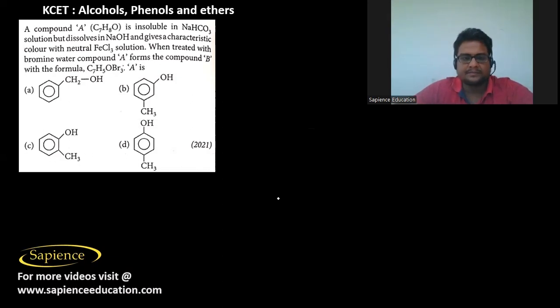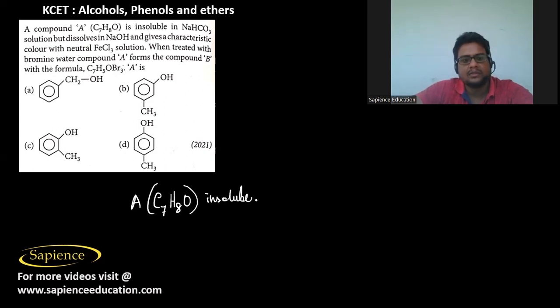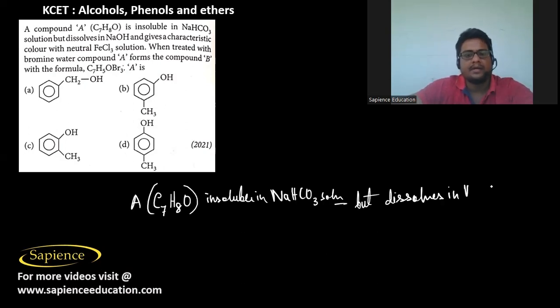Then it is told that a compound A, whose molecular formula is C7H8O, is insoluble in NaHCO3 solution, but it dissolves in NaOH, and it gives a characteristic color with neutral FeCl3 solution.